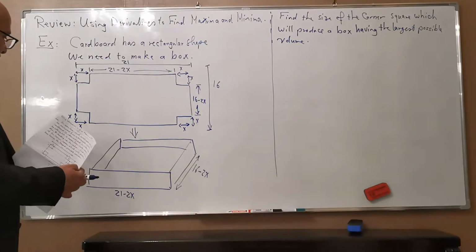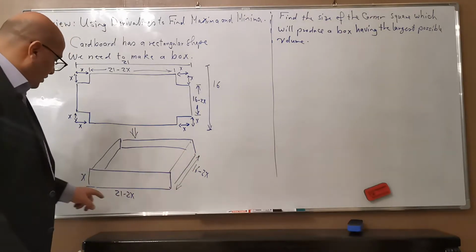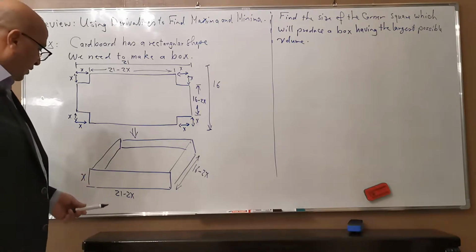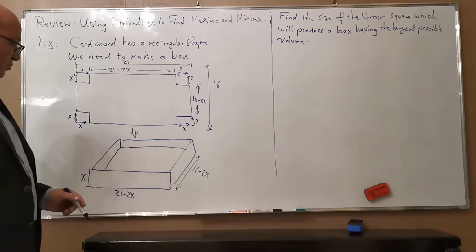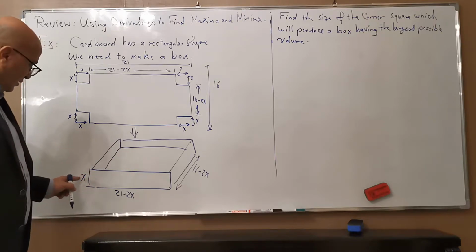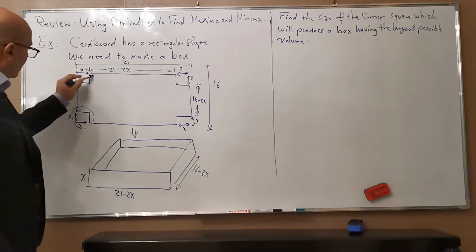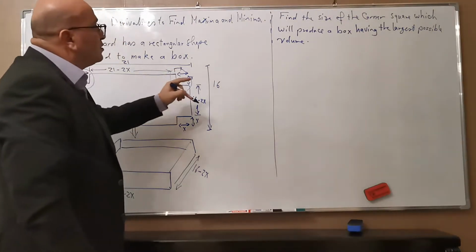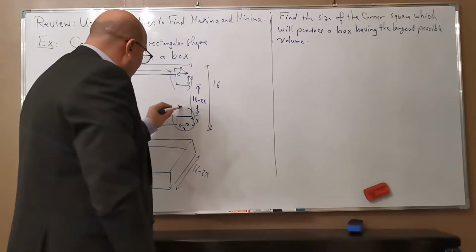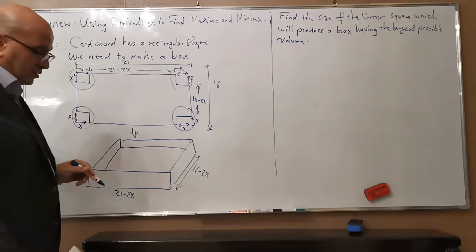So the volume will be the length, the width, and the height, the three of them multiplied by each other. So we can formulate the volume in terms of those corner squares of the cardboard.